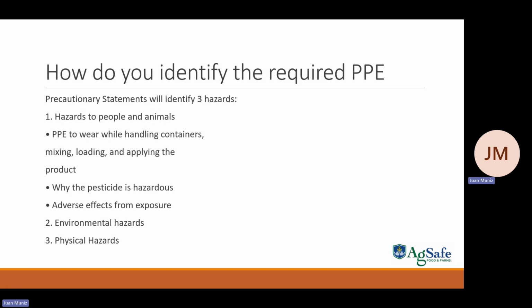It'll also have information on why the pesticide is hazardous and the adverse effects should we become exposed while using this product. As a general tip, we should remember that as handlers, our duty is to protect people, property, and environment.